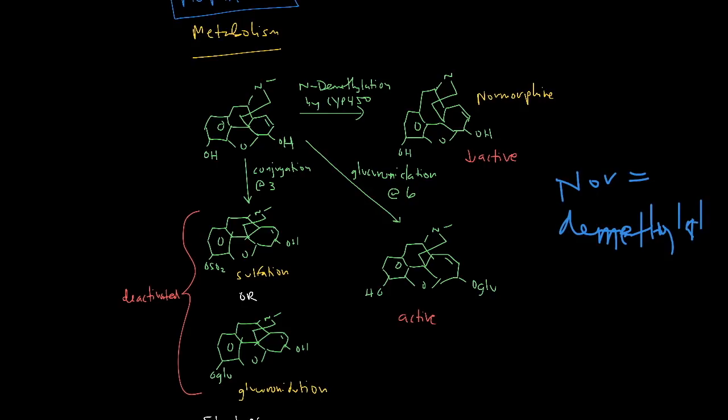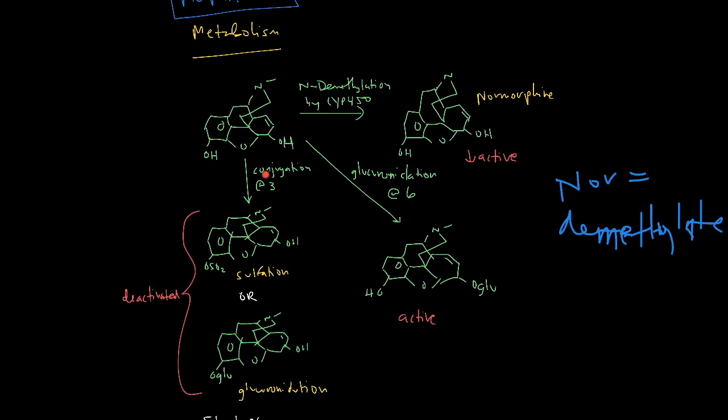Sorry, this iPad is slow for some reason. This is actually less active because remember, less carbons means less hydrophobic, therefore less blood-brain barrier penetration. So the N-demethylation product is less active.